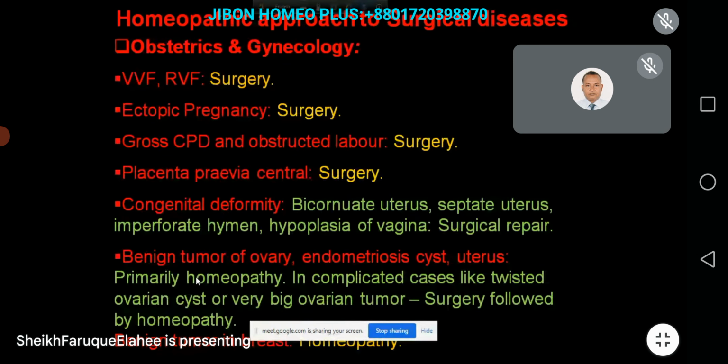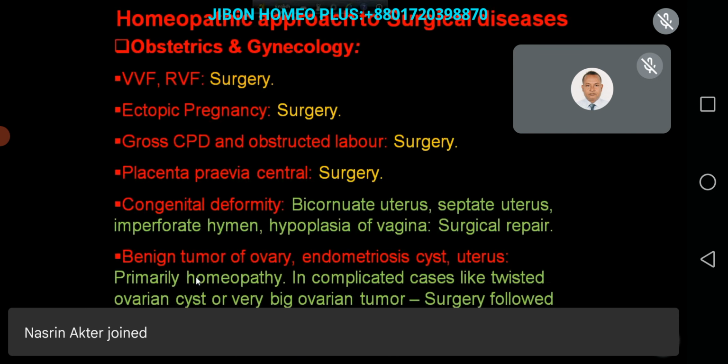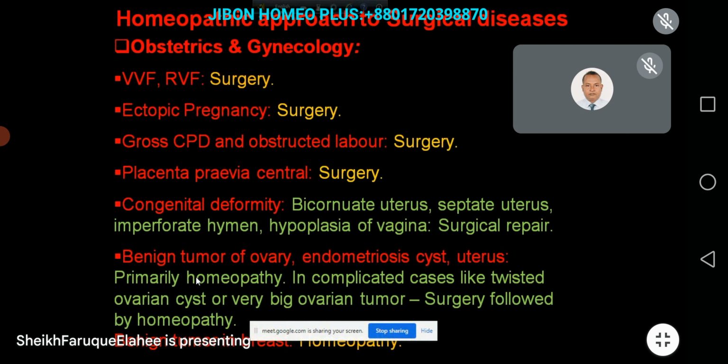And this ovarian cyst may disappear. But at the same time, I say to you, if there is a very big ovarian cyst, it can be like anything, and there is suspicion that it may go into a cancerous chain. So it is so big, you cannot cure it very soon, or you may not cure at all.